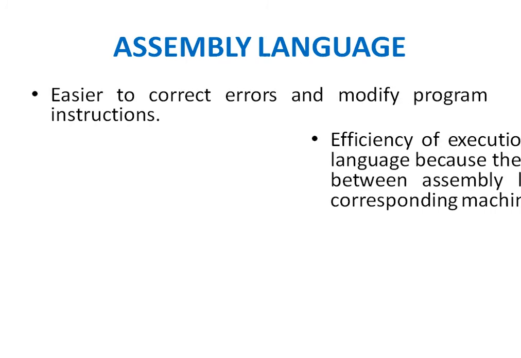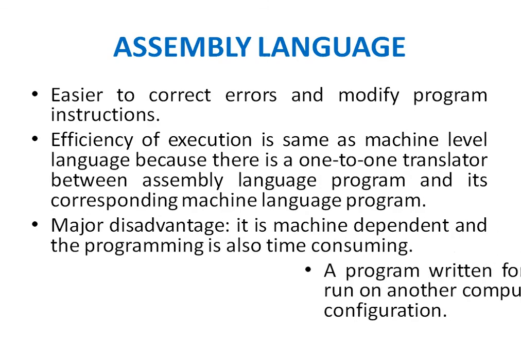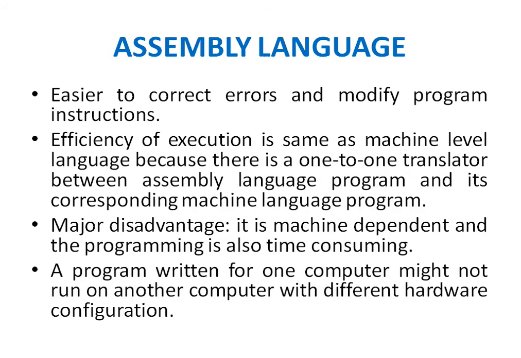In assembly language, it is easier to correct errors and modify program instructions. Efficiency of execution is the same as machine level language because there's a one-to-one translation between an assembly language program and its corresponding machine language.